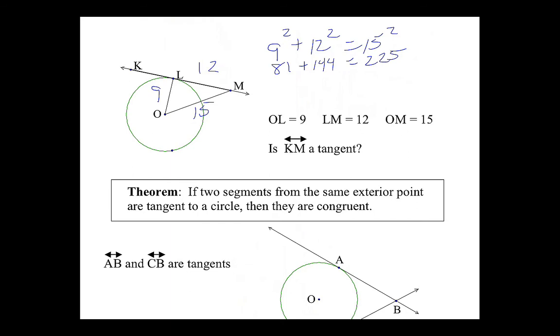And 81 plus 144 is 225. And we know that if the three numbers work in the Pythagorean theorem, this is a right triangle. And if that's a right triangle, angle L is the 90 degrees, and if that's perpendicular to KM, then yes, this is a tangent, because if a radius is perpendicular to a line, that line has to be a tangent line.